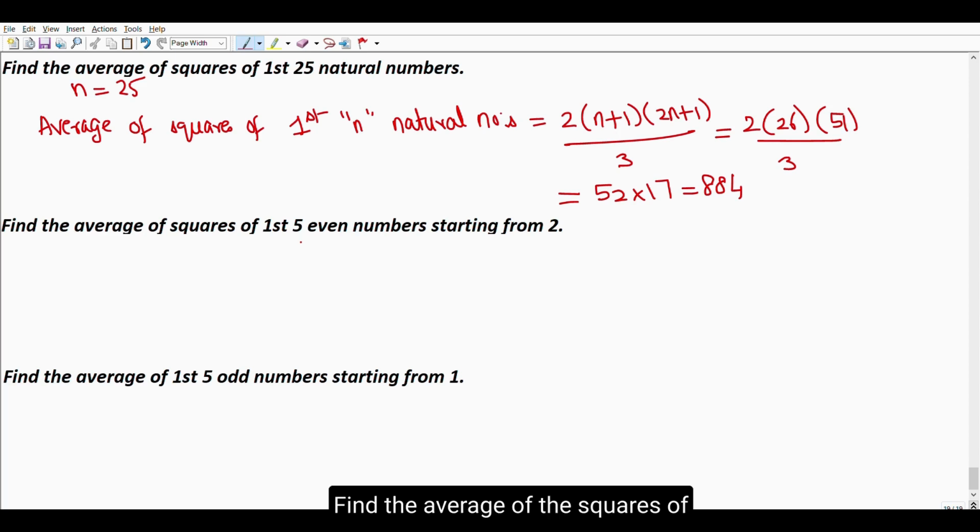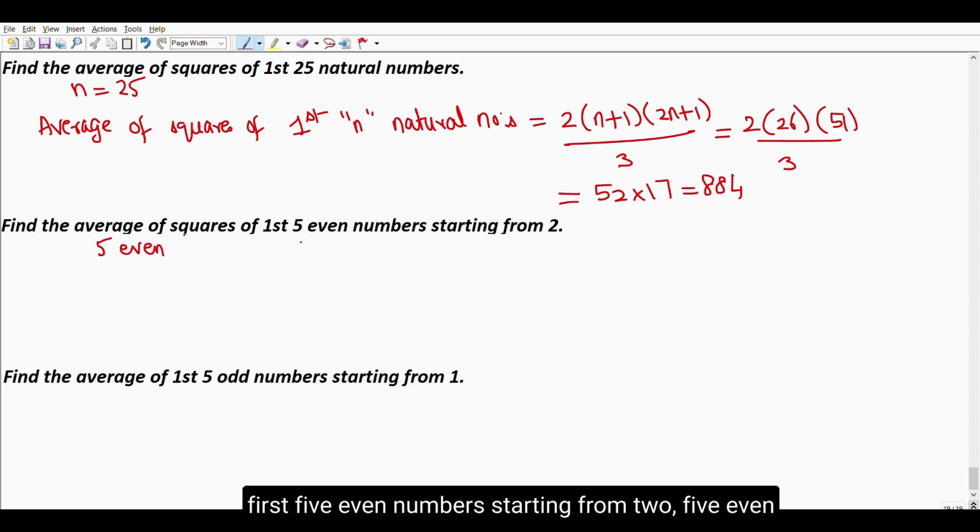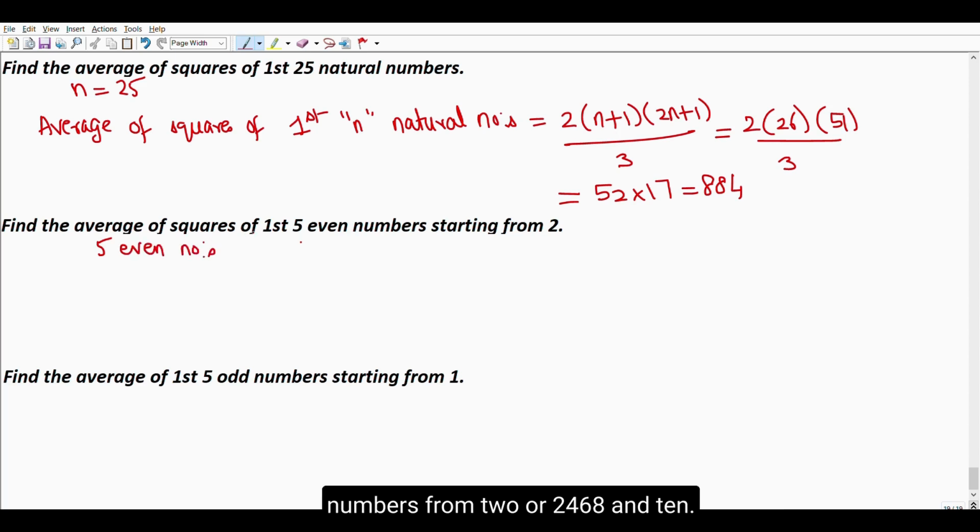Find the average of the squares of first 5 even numbers starting from 2. In this case, we need to write down the first 5 even numbers starting from 2. 5 even numbers from 2 are 2, 4, 6, 8 and 10.